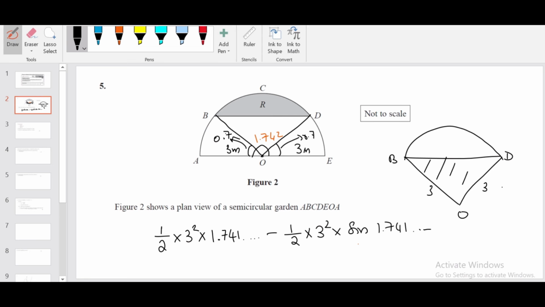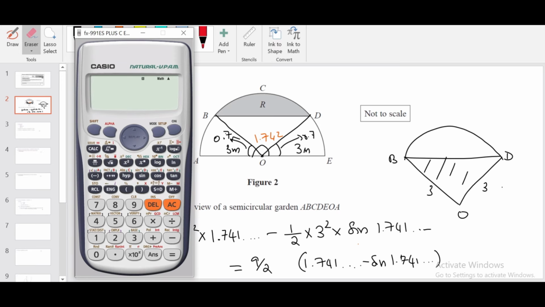You can take half 3 squared, which is 9/2, as a common factor. You'll get 1.741, etc., minus sine of 1.741, etc. Sorry, it is equal to 9/2 times, so 9/2 is 4.5 times the angle 1.741, etc., minus sine of the angle.